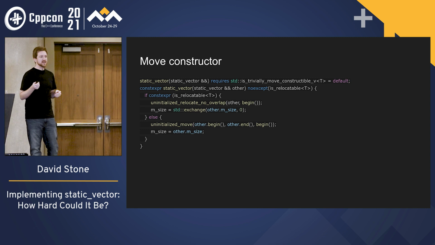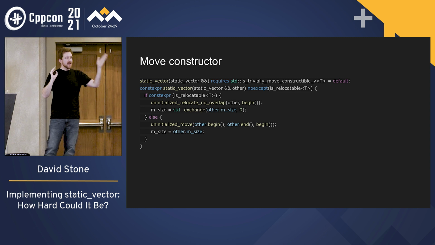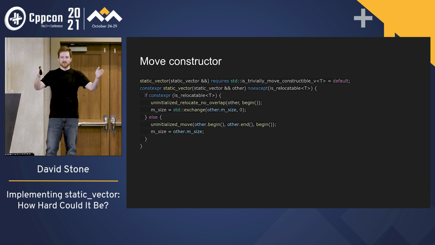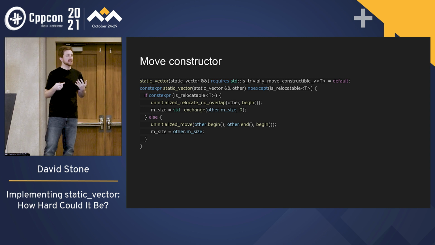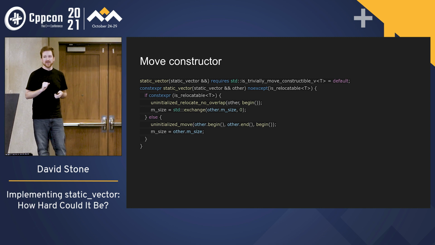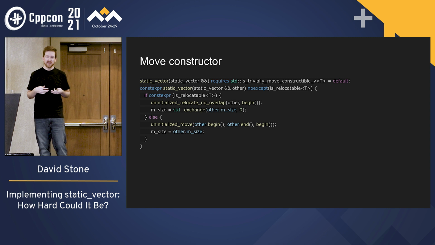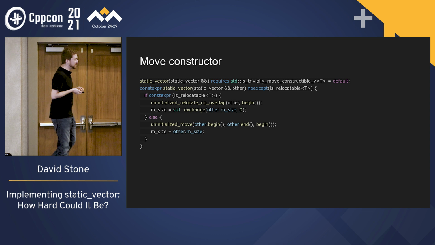Because when you do an uninitialized move, what you're doing in memory is you're starting at the beginning of the source and the beginning of the destination and doing a move construction from the source to the destination and moving forward in memory on both of them. Then, at some later point in time, hopefully soon, you're going to destroy the other. Because R values typically mean it'll be destroyed sometime soon. Hopefully reasonably close.